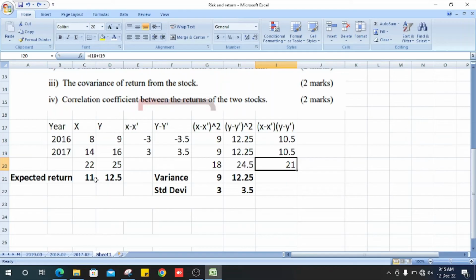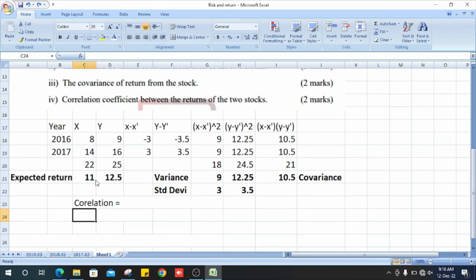To find the covariance, get the total of this column. The total is 21. So the covariance is 21 divided by the number of years, 2, which is 10.5.